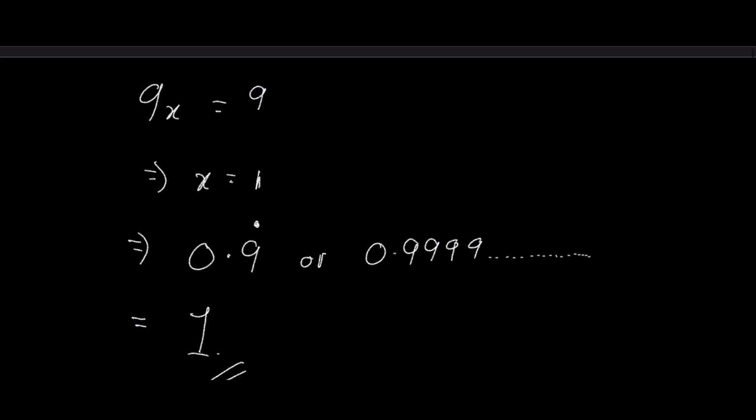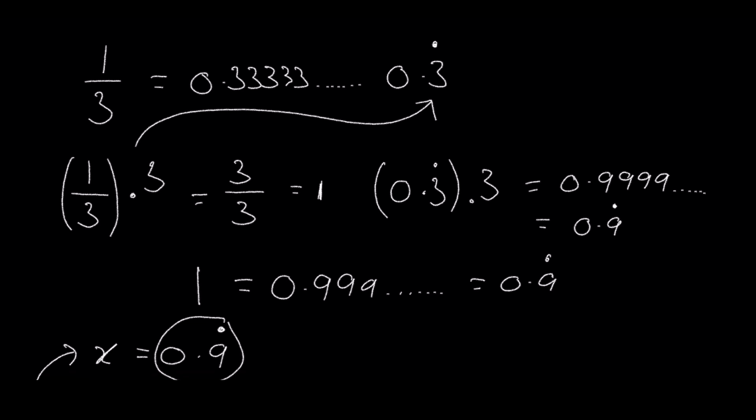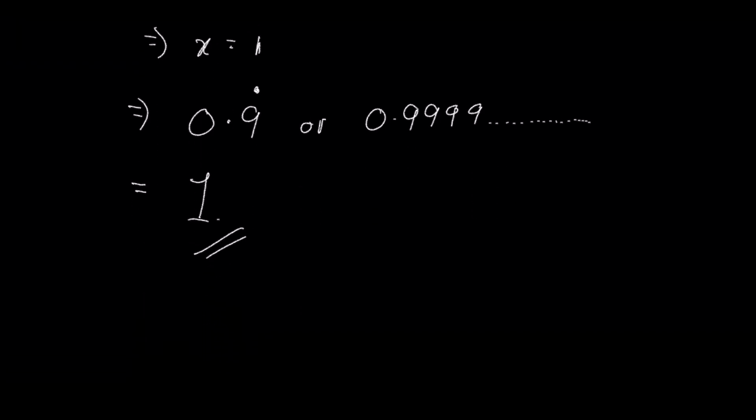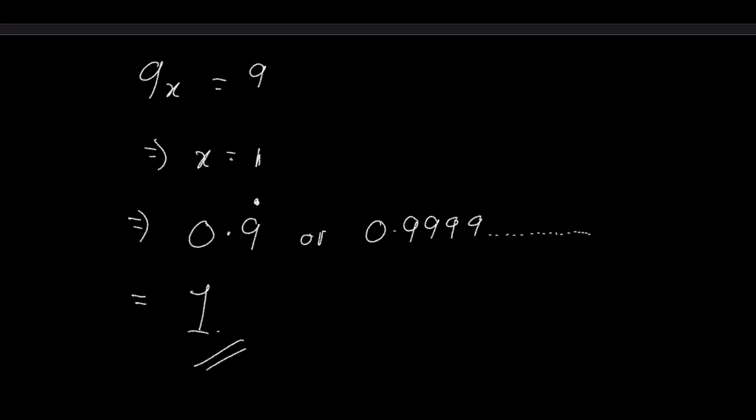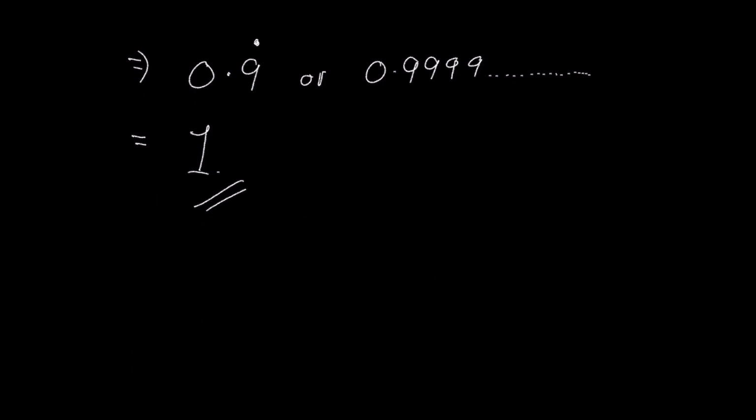So that means we've just proven that the decimal 0.9999999 is just equal to the whole number 1. It's a fascinating fact, but doing the maths you can see how it works out. So there you go. The next time you write 0.999 repeating, you can just rewrite that as 1.